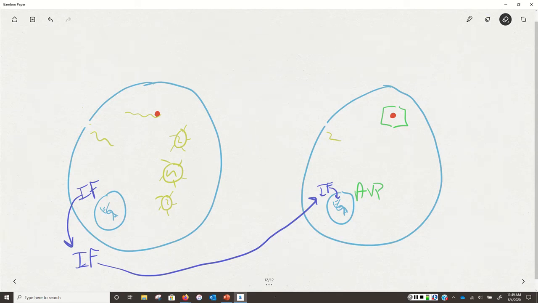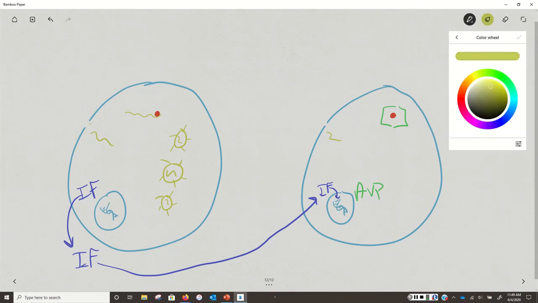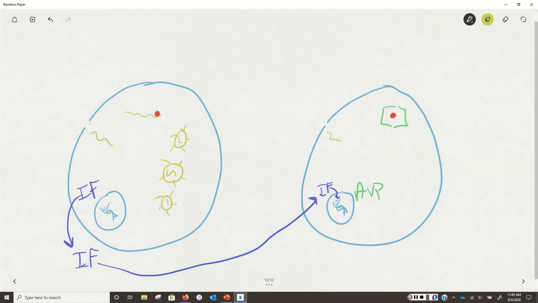So that virus itself is gone. All that's left is its RNA. And the RNA comes into the cell, is ready to be read by a ribosome, but there's no ribosomes there to read it.